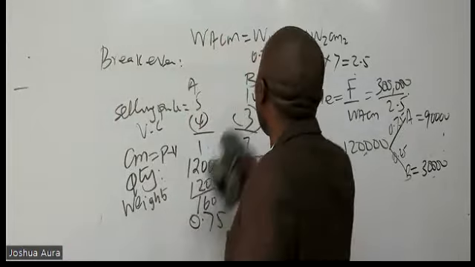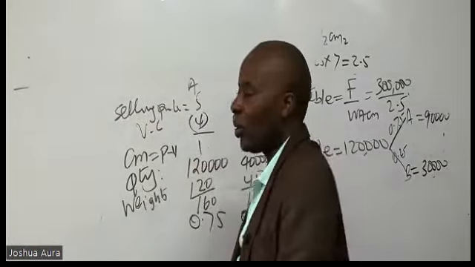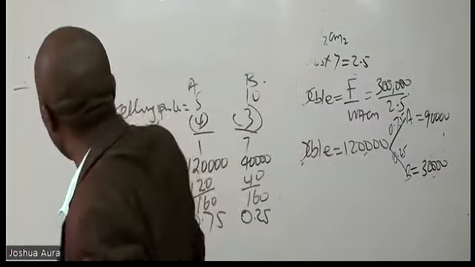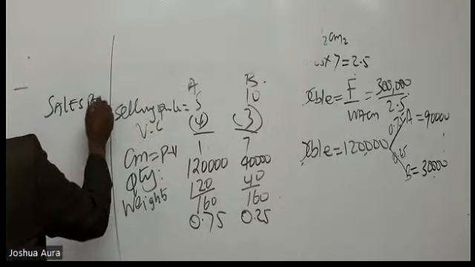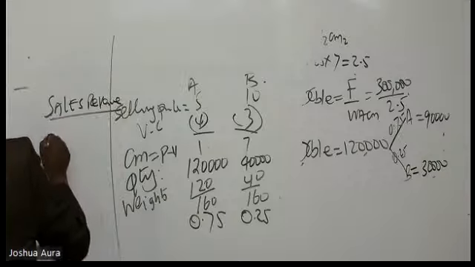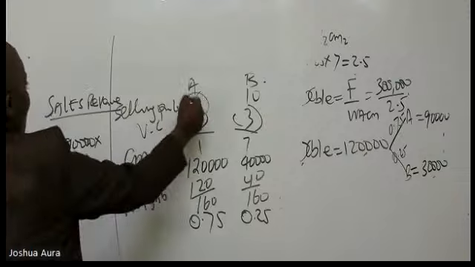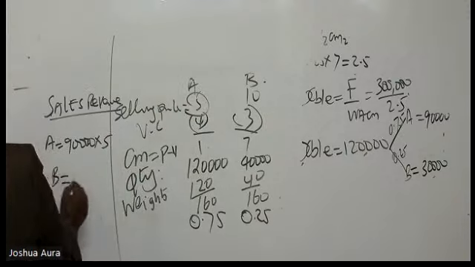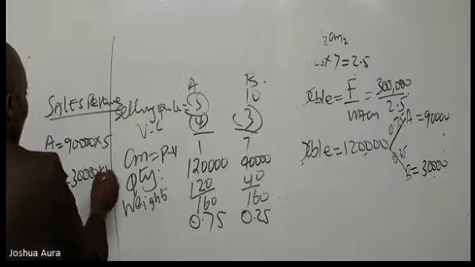So in this particular case, ladies and gentlemen, sales revenue, you will forgive me, my board is quite disorganized. If it is A, I will take 90,000 times the selling price, which is 5. If it's B, I will take 30,000 times 10.